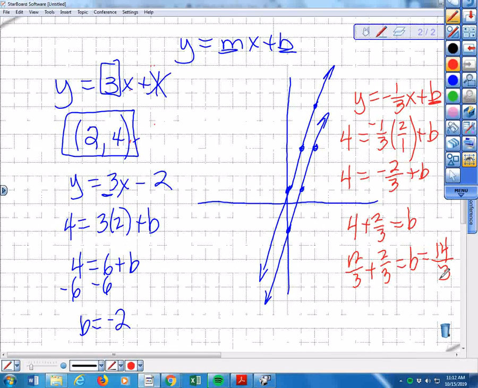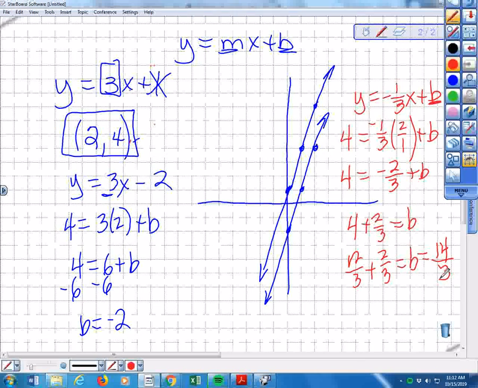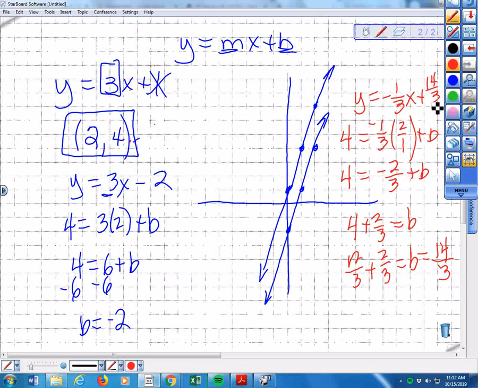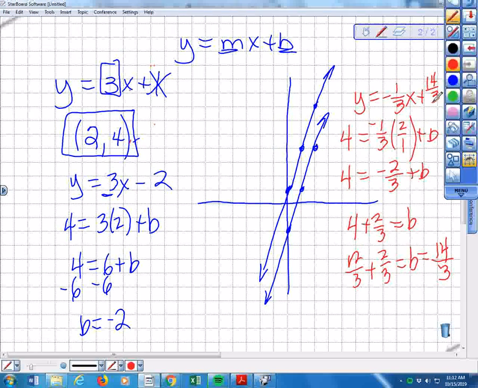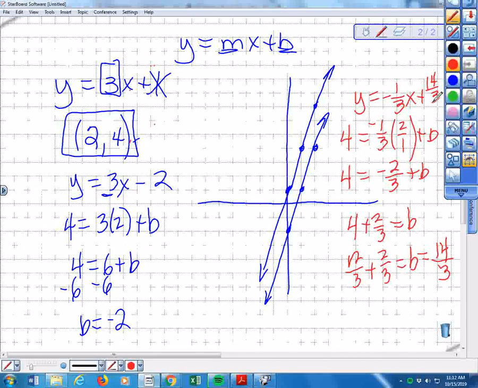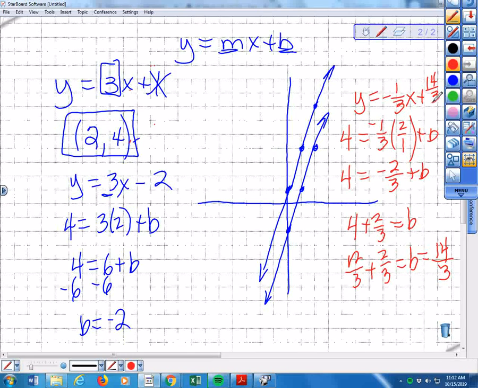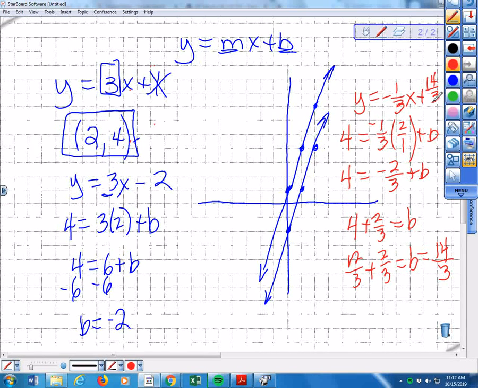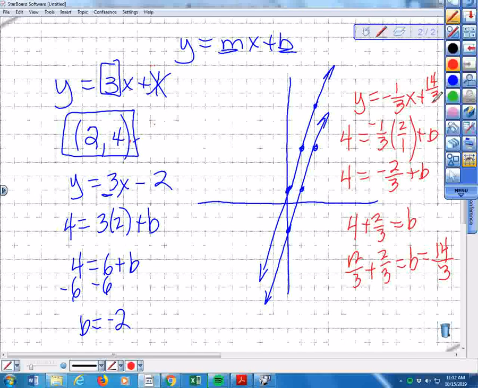Okay? So b is 14/3. So the equation of the line perpendicular is negative 1/3 x, the opposite reciprocal slope of the original, plus the b I just solved for, 14/3, which is what? 3 goes into 14, 4 and 2/3, basically.